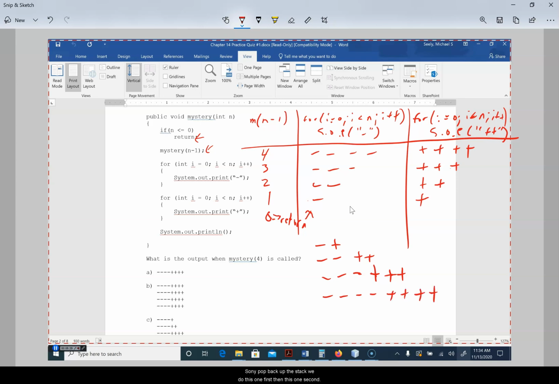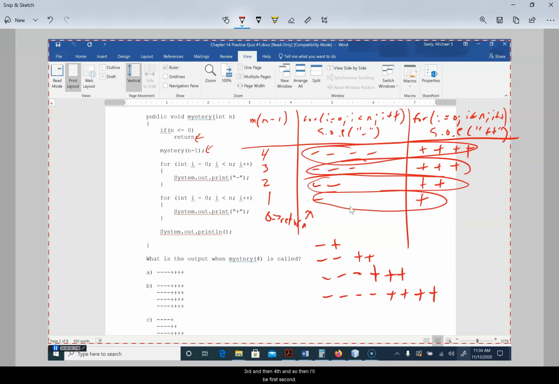So when you pop back up the stack, we do this one first, then this one second, third, and then fourth.